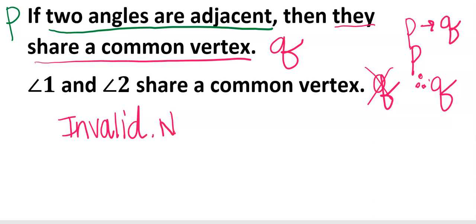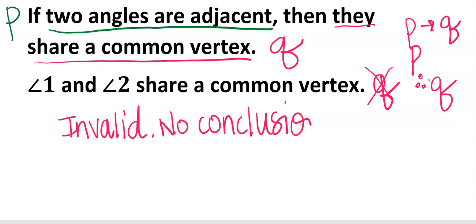You can also put no conclusion there. If you need a reason, you can get very specific and say the argument should have talked about the angles being adjacent first or something like that. But basically, if it doesn't follow this format, it is not a valid conclusion and it's not a valid argument.